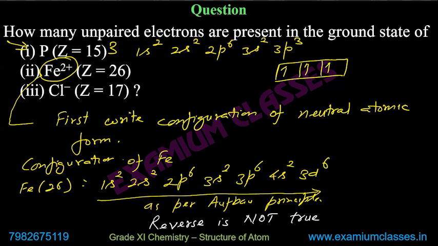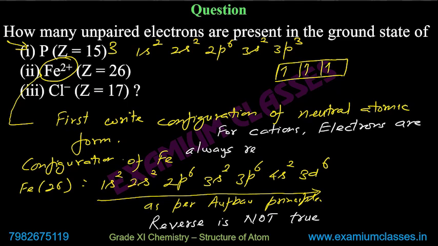The electrons will always be removed from the outermost shell. For cations, electrons are always removed from the outermost shell.